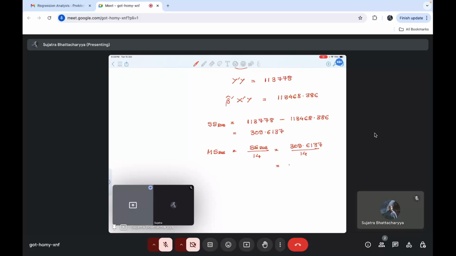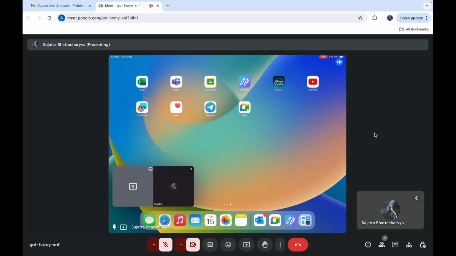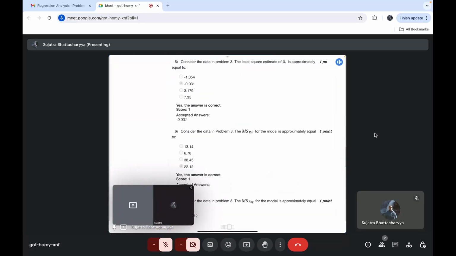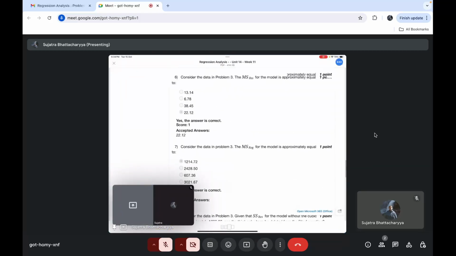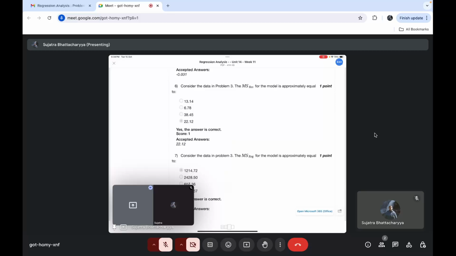That gives you 22.116 and can be written as 22.12, because 16 can be rounded to 2. So 22.12 is the answer for the MS residual. So let's go to the question again. Sixth question. Consider the data of MS residual. Yes, it is 22.12.